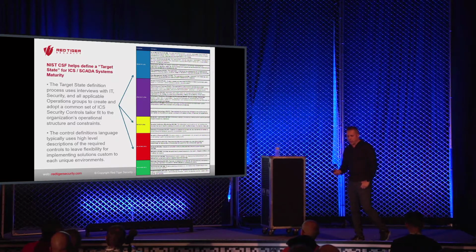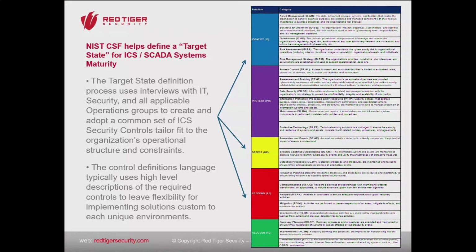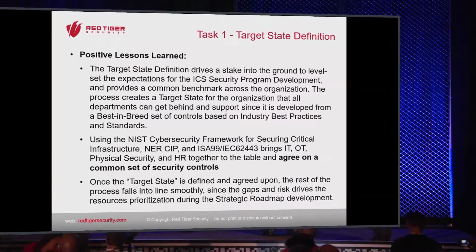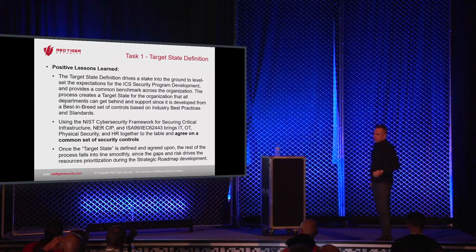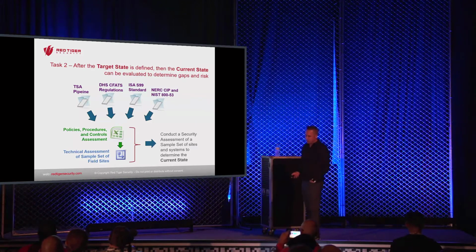And I'm not going to go through that framework. I'm just going to say in terms of the controls that you should have in place and the policies and procedures, that side of it can be covered by the NIST CSF. And so if you have your set of controls as your target state, what you need to do next is determine what is the current state of your system.